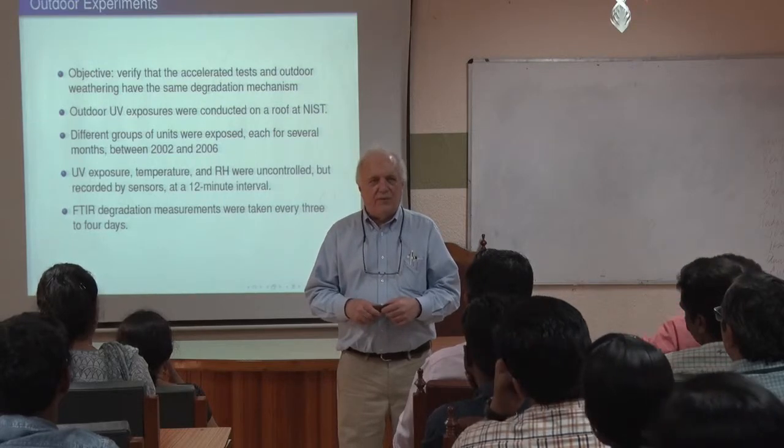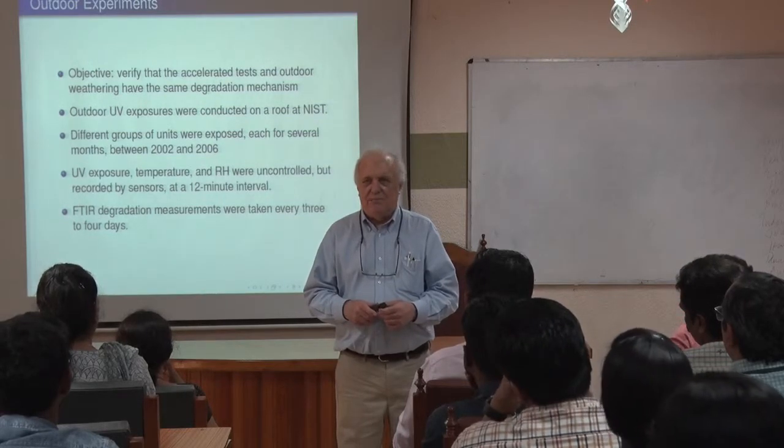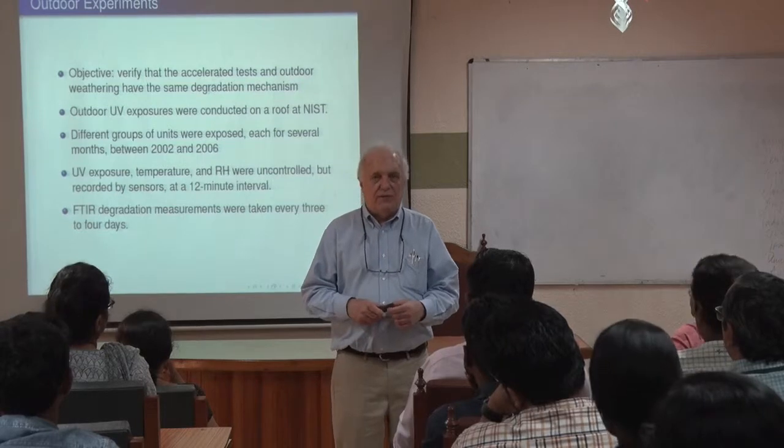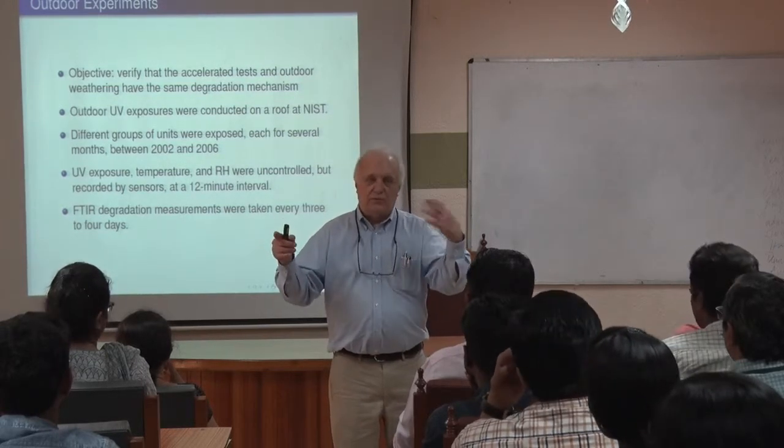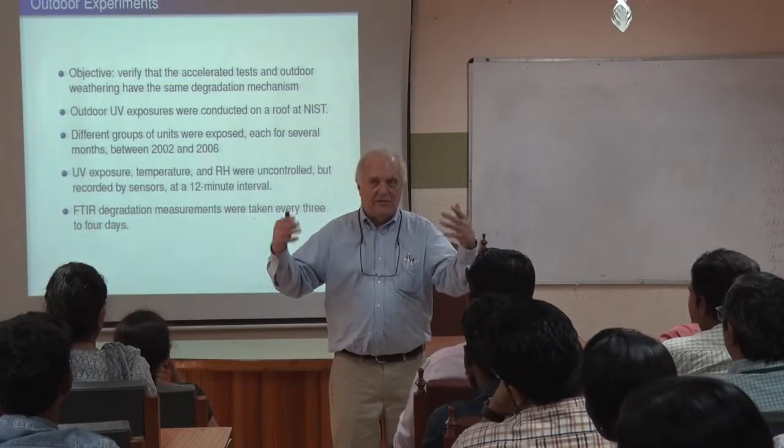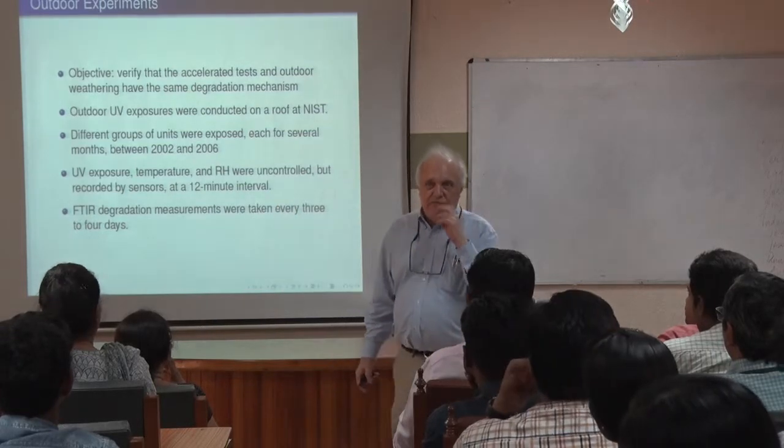So they were very busy for many months gathering all this data. It was actually years, like I said, 2002 to 2006. 4 years they were doing this data gathering.